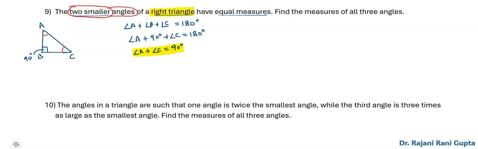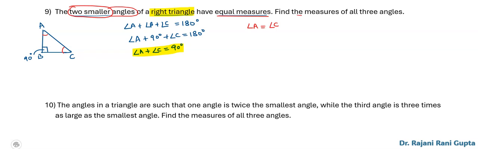How do you know they're smaller? Because B itself is 90 and the sum of these two is 90. So definitely these two are smaller. Now what it says is they have equal measure. So it means angle A is equal to angle C. Whatever is the value of angle A, the same is the value of angle C.